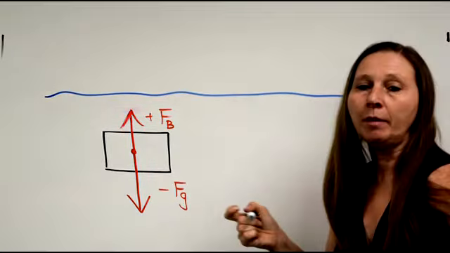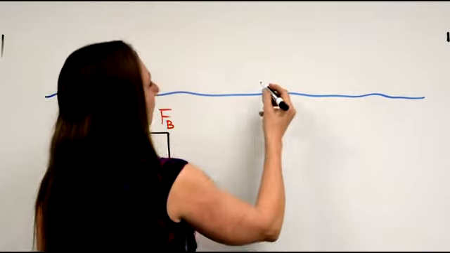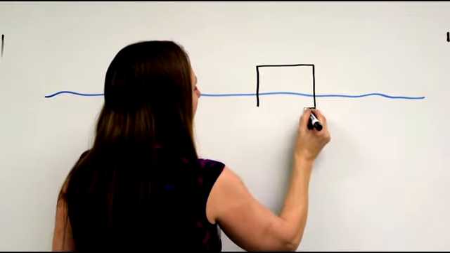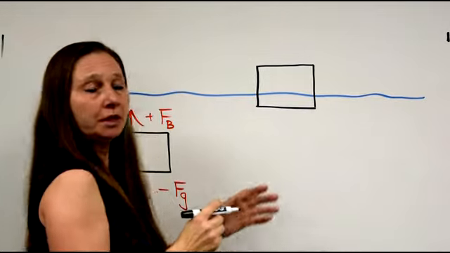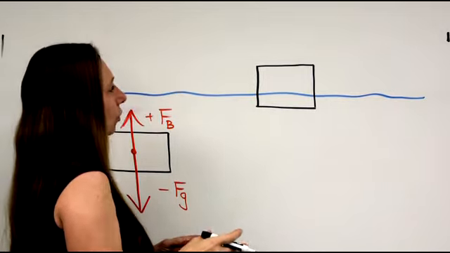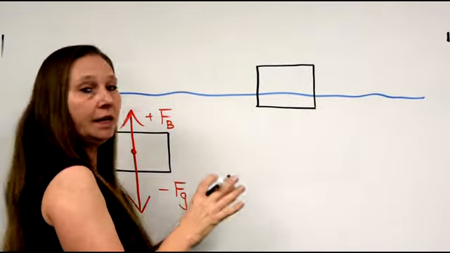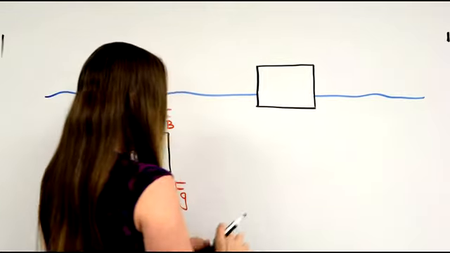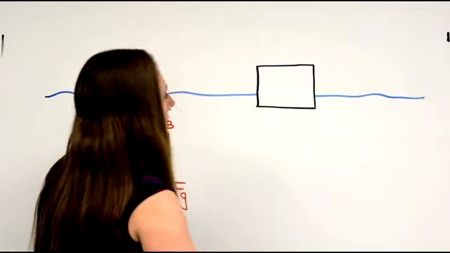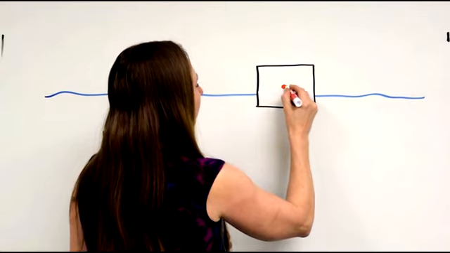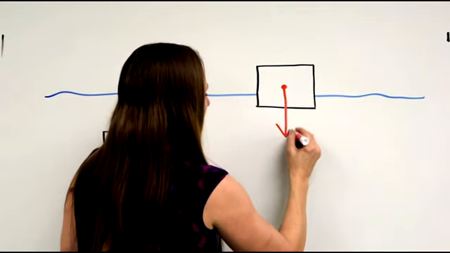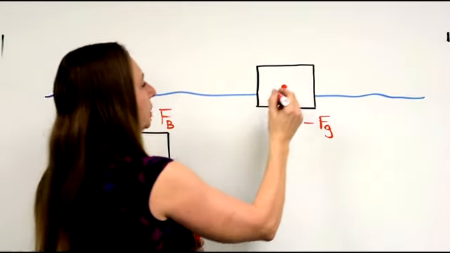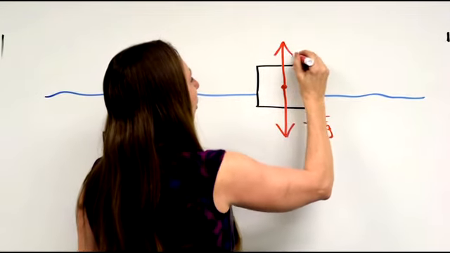Now, what about an object that is floating? Right, let's put an object here. Right, this would be some kind of plastic, or even like a little boat, right? But in any case, this object is floating. This object is floating because the weight down, right, negative Fg in this case, is balanced by the buoyant force upward.